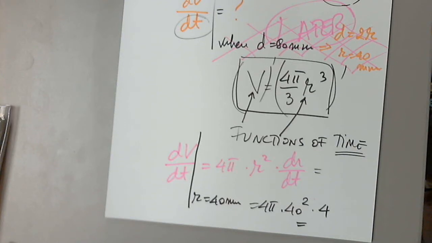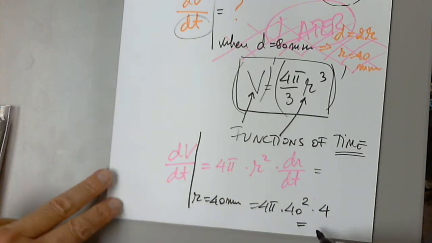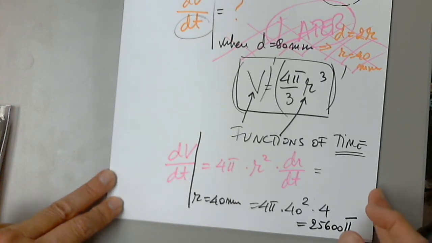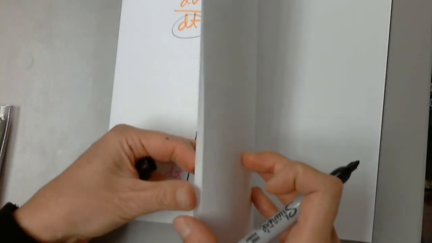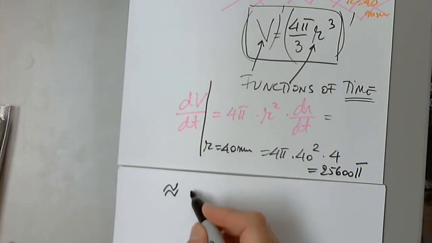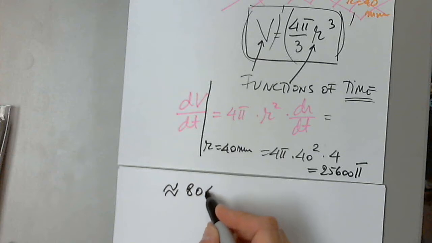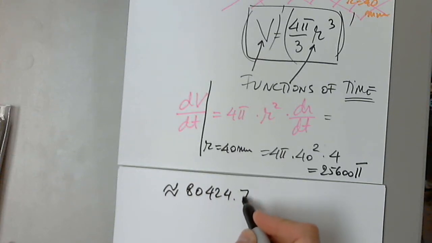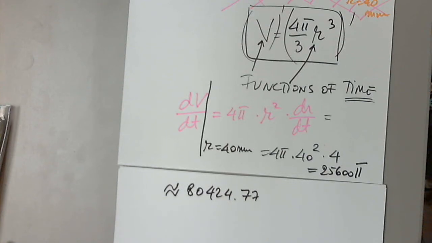If not, just write it as 16 times 40 squared and not multiply by pi. So this is 25600 pi, or approximately 80424.77, but I'm waiting for the measurement unit, without which it makes no sense.